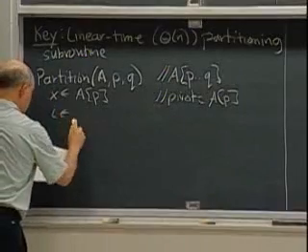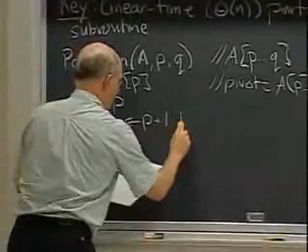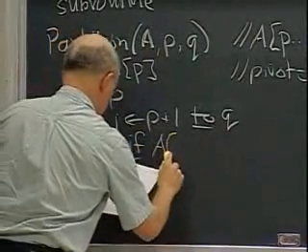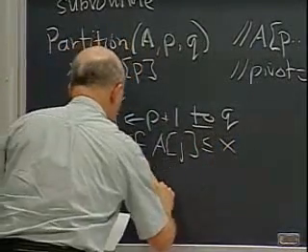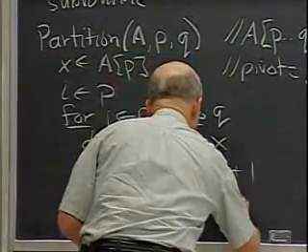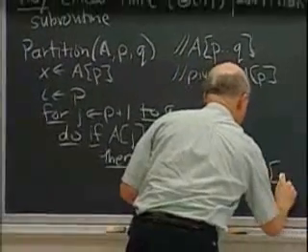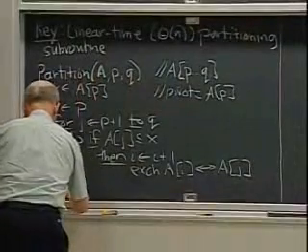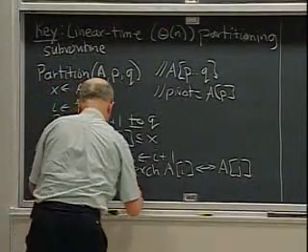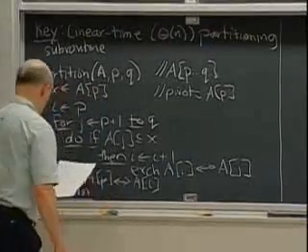And then we set an index i to P, and then we have a loop. Okay, so this is the code.